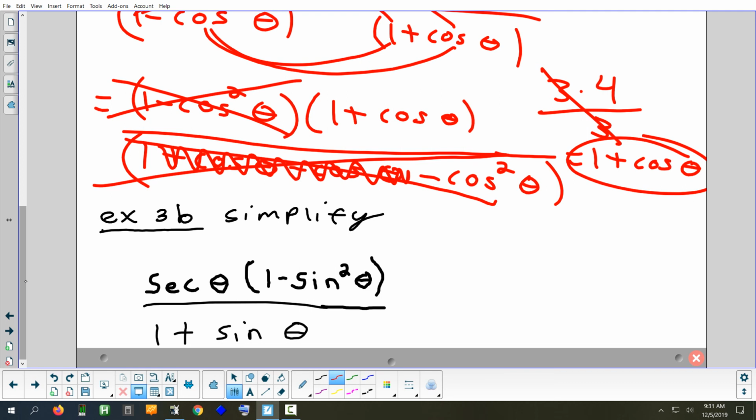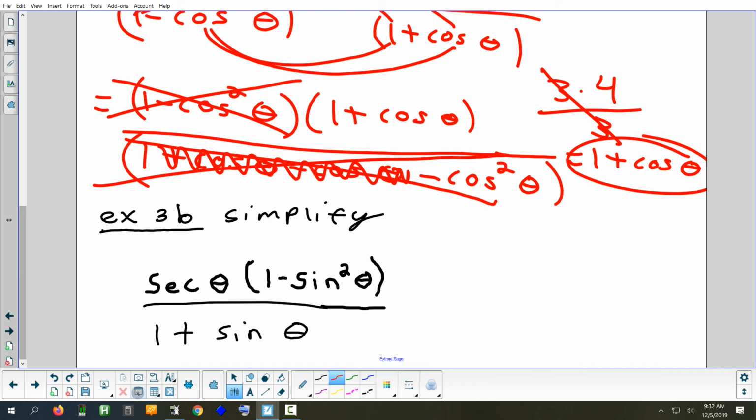Okay, let's look at this one. So, that one looks like the most complicated one we've done so far. Secant times 1 minus sine squared divided by 1 plus sine.